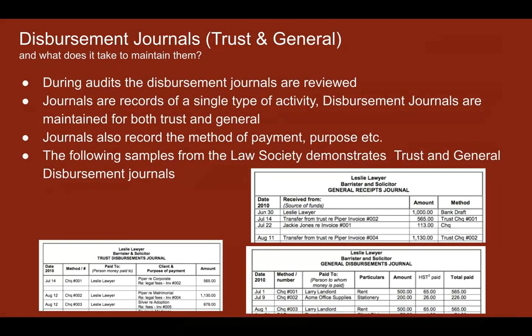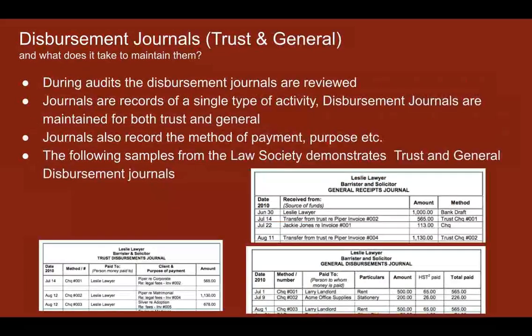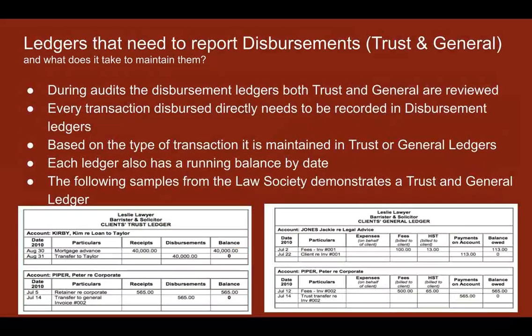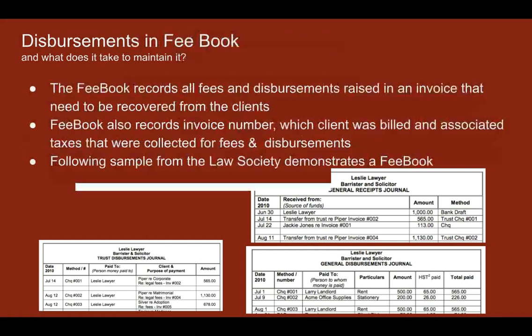And we also have general disbursement journal, trust disbursement journal, and general receipts journal, because if you're having disbursements, there needs to be some receipt from the client or receipts into the trust or general respectively in order to disperse them.